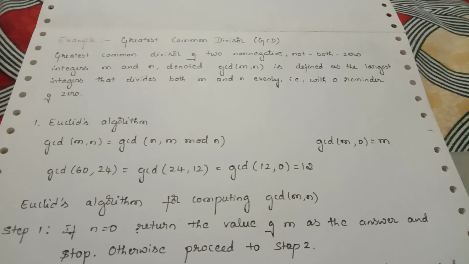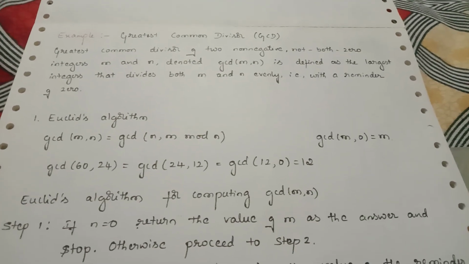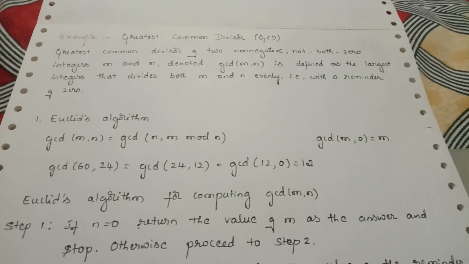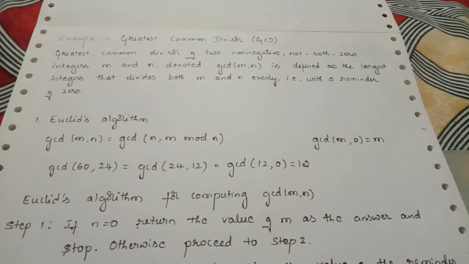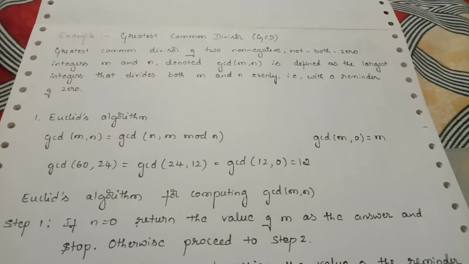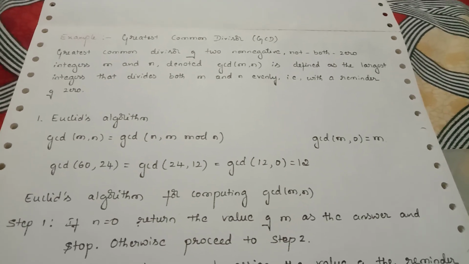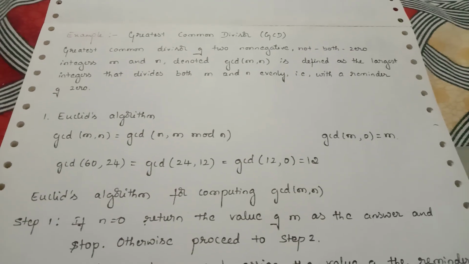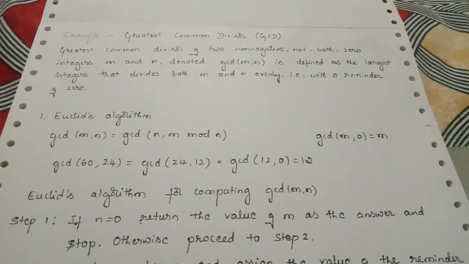That is, we have to take two non-negative, not both zero, integers. That means one value can be 0, but not both. The two integers we are taking, we name them m and n, and we denote the GCD as GCD of m comma n.